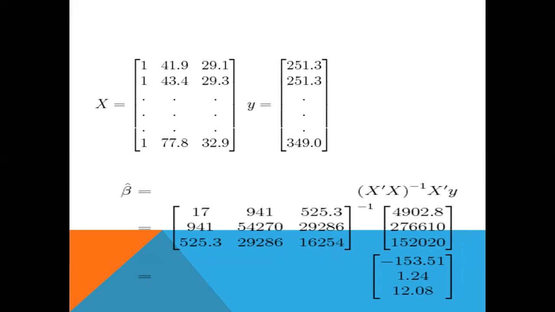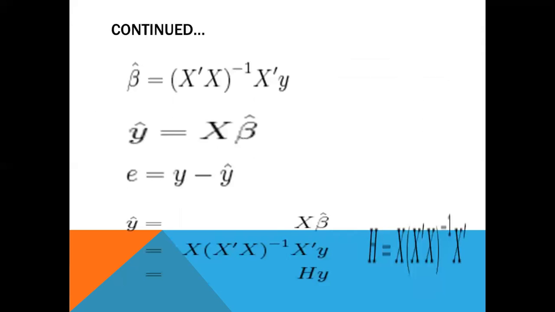So the answer is 17, then 941, then 525.3, then 941, 527, 54270, then 29286, then 525.3, 29286, 16254. So this is the answer of x transpose multiplied by x.